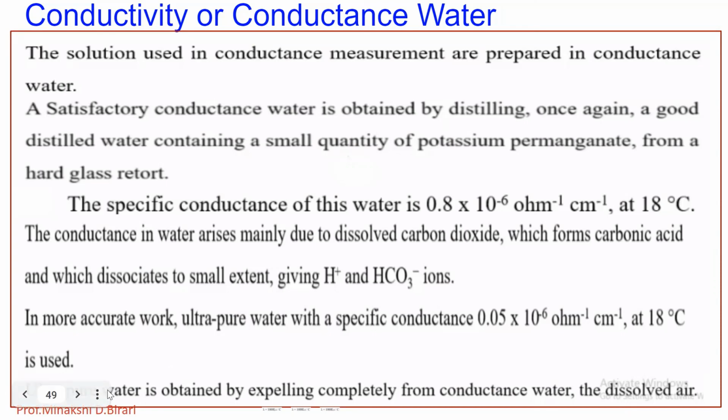So we should remember the conductance in water increases due to dissolved carbon dioxide, dissolved ions, and in more accurate work, ultra pure water with specific conductance 0.05 into 10 raised to minus 6 per ohm per centimeter at 18 degree Celsius is used, and that ultra pure water is obtained by expelling completely from conductance water the dissolved air.